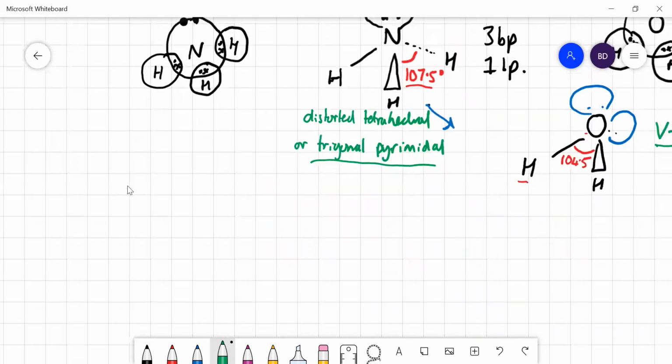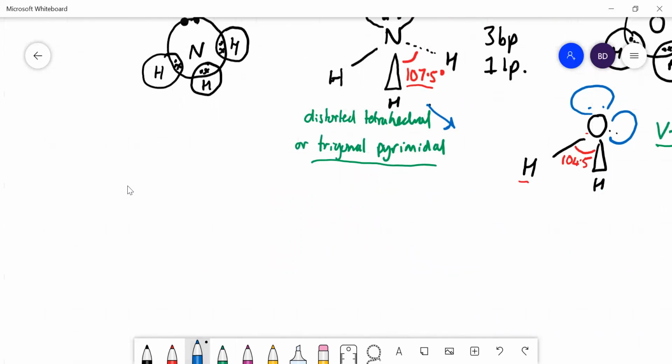Just to summarize that table then, when you've got four pairs, you can either have 4 bond pairs and 0 lone pairs, 3 bond pairs and 1 lone pair, or 2 bond pairs and 2 lone pairs.